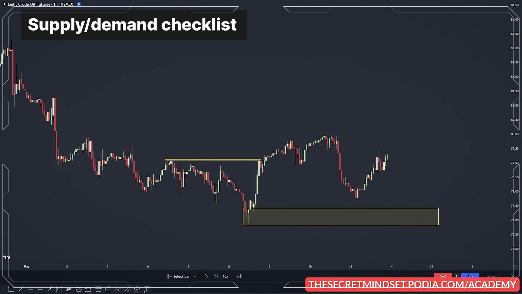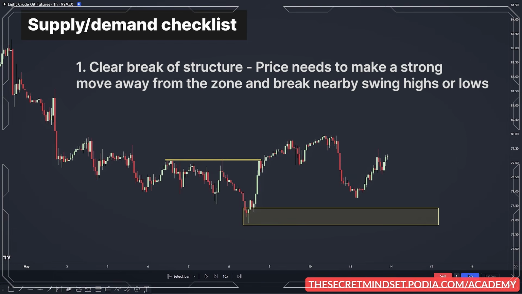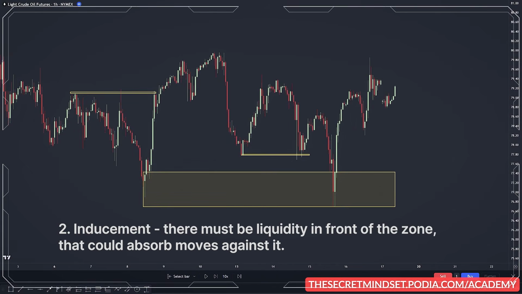To check if a zone will hold, look for these things. First, a clear break of structure. Price needs to make a strong move away from the zone and break nearby swing highs or lows. If price just hangs around the zone, it might not be strong. And second, inducement.